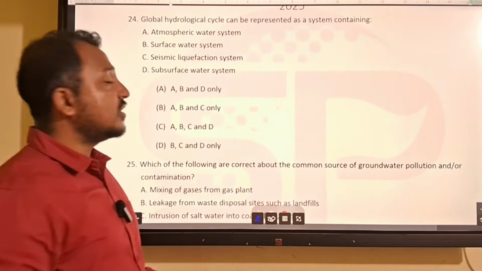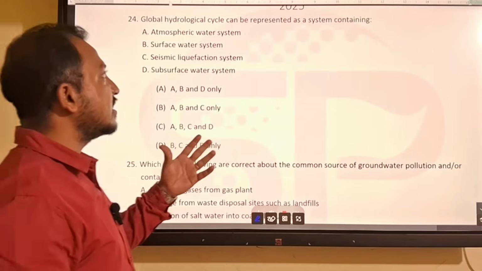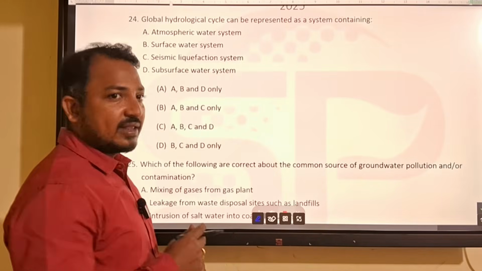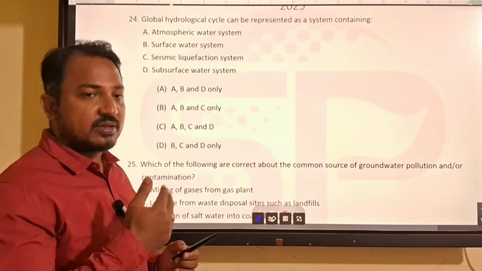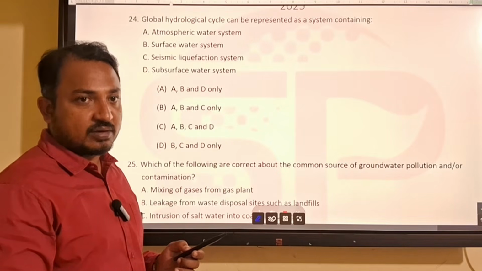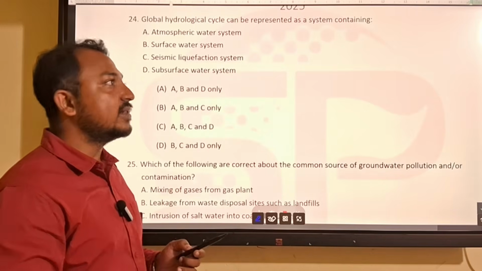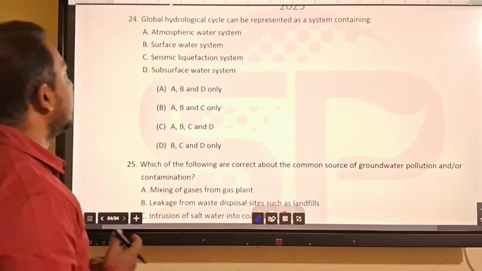Next, the global hydrological cycle can be represented as a system containing. So the hydrological cycle includes the atmosphere, the surface, then the groundwater; in all these regions the water cycles because of different processes.